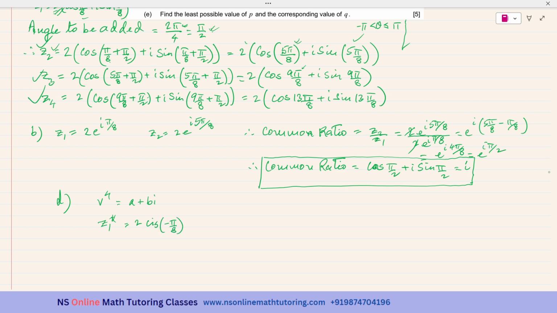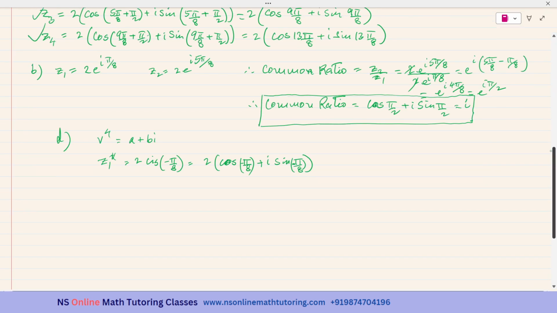I'm writing this as 2 cos pi over 8 minus i sine pi over 8, or I can write this as plus and minus pi over 8. This is a solution. And again, I like this Euler's form, so let me write this in Euler's form also.